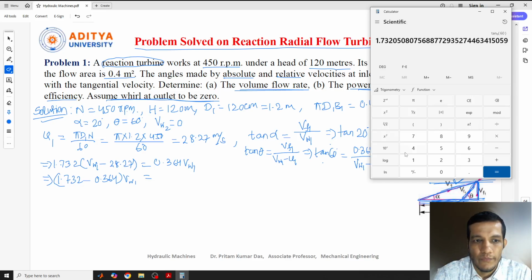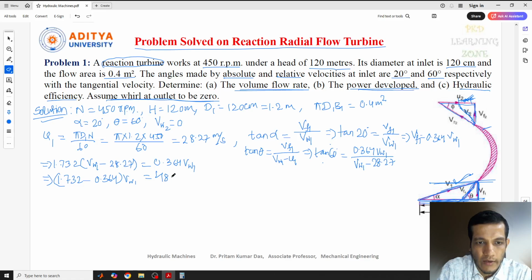So what I'll do, yeah, multiply 1.732 by 28.27, we get 48.96. Now here I can find out the value of VW1. So VW1 equal to 48.96 divided by this terminology. How much will we get here?